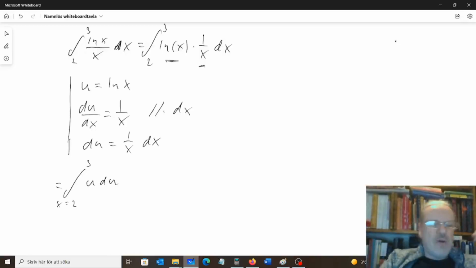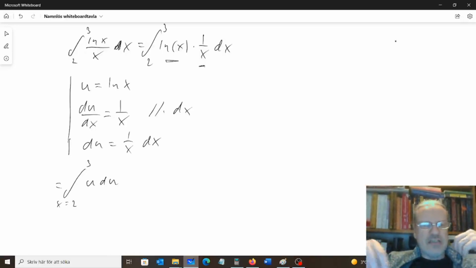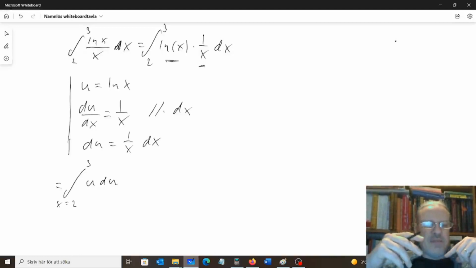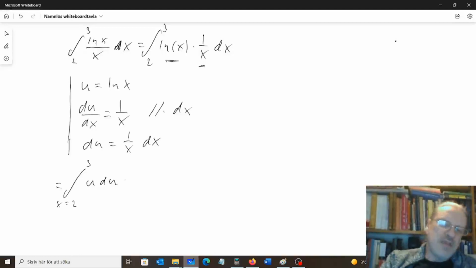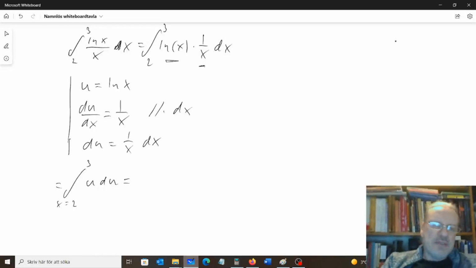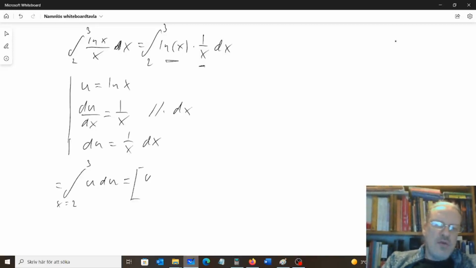Why I wrote x equals is because I want to indicate that it's not the variable we integrate with respect to that gives us the bounds. It's some other variable. This thing is very, very easy to integrate. So we get u squared over 2 from x equals 2 to 3.